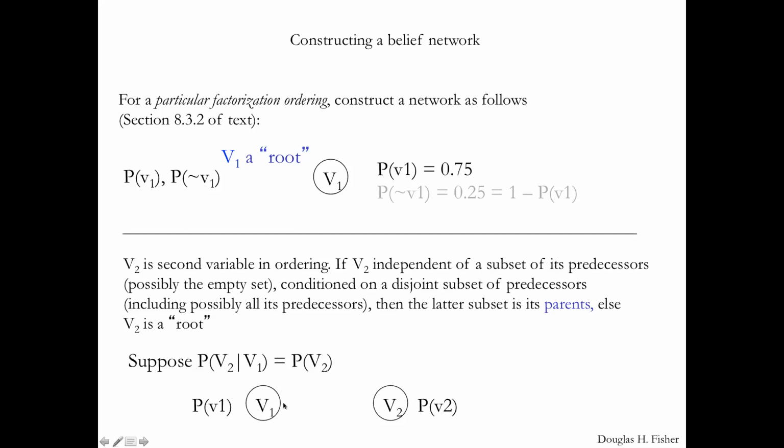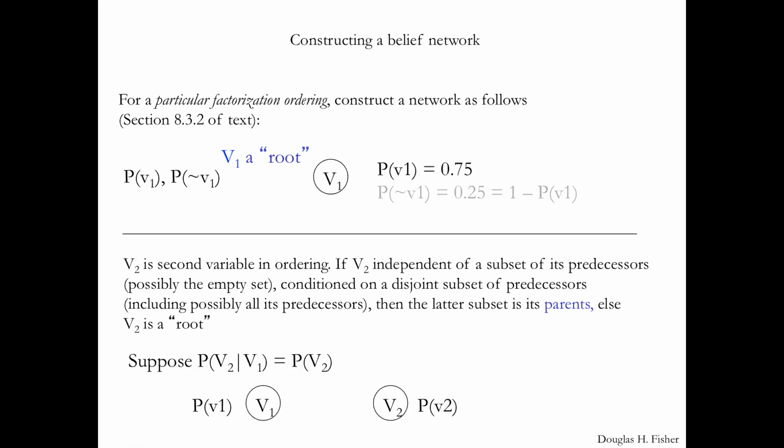And if a judgment of independence is made by the person constructing the network, or from data by the algorithm constructing the network, and we'll talk about the data approach in a moment, if there's a determination that these two variables are independent, then V2 simply becomes a separate node, a separate root. It has no parents. And I'm just claiming this is true as the domain expert in this artificial example.